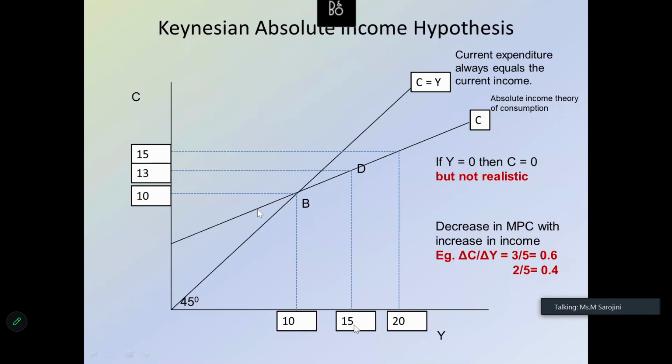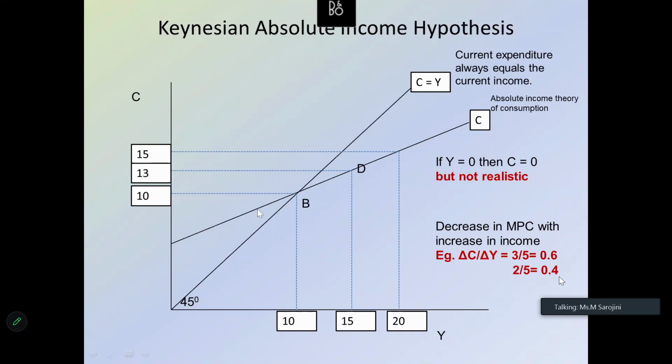Is it correct? Income increases from 15 to 20. Consumption also increases from 13 to 15. Therefore, change in consumption divided by change in income is 2 divided by 5, that is equal to 0.4. Right? Again, you can conclude once the income increases, consumption also increases, but MPC will decrease.